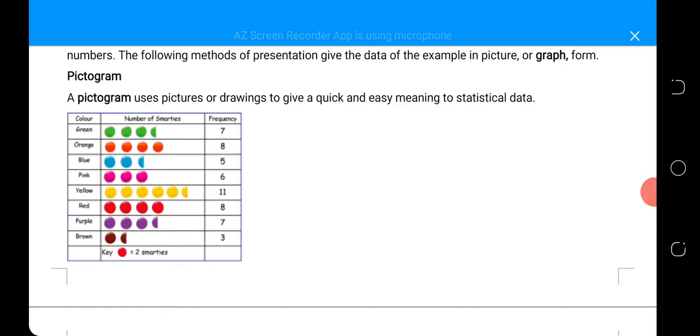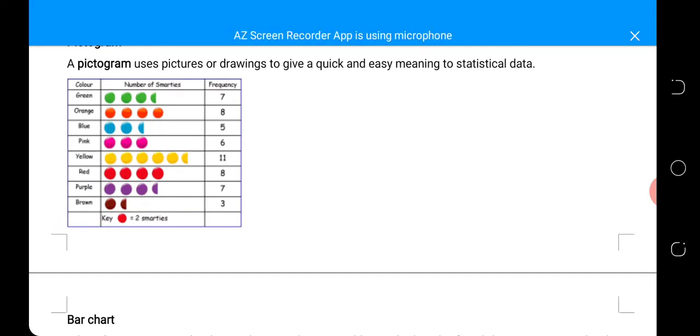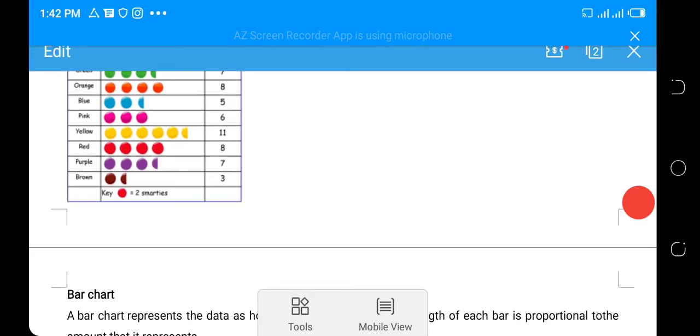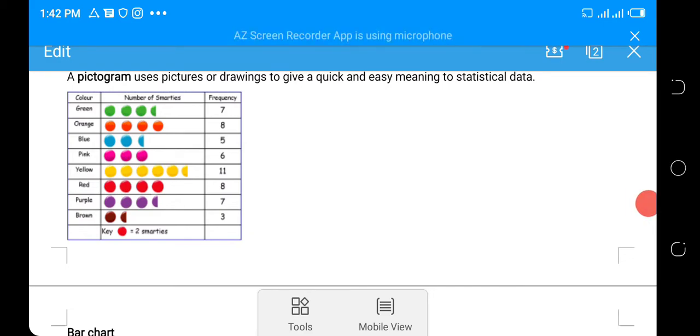Pictogram. A pictogram uses pictures or drawings to give a quick and easy meaning to statistical data. As shown in the table, the circular pictures represent Smarties, and one circular color picture represents 2 Smarties according to the key given on the table.